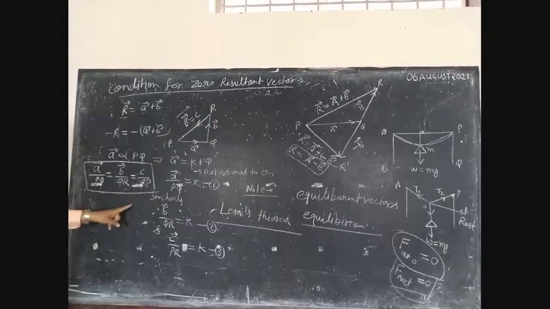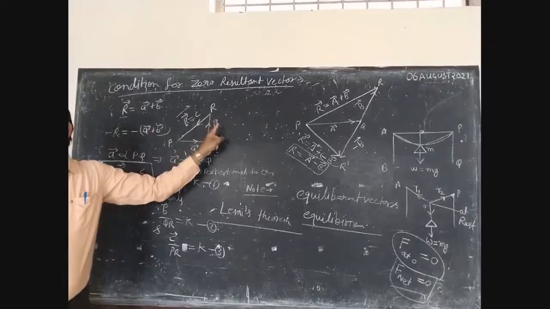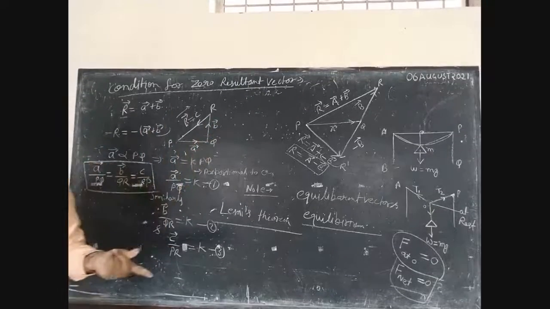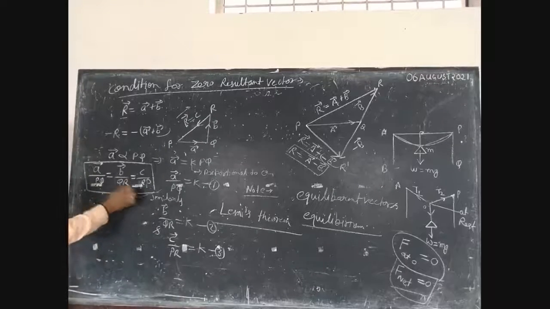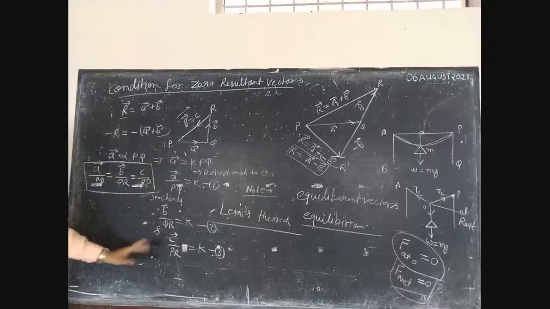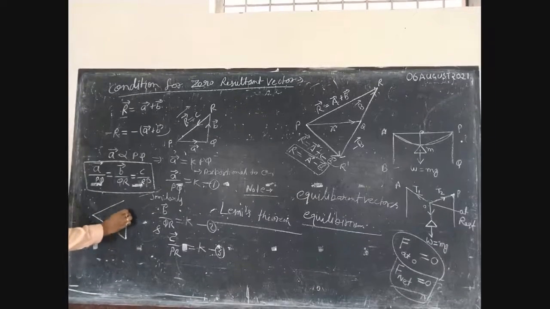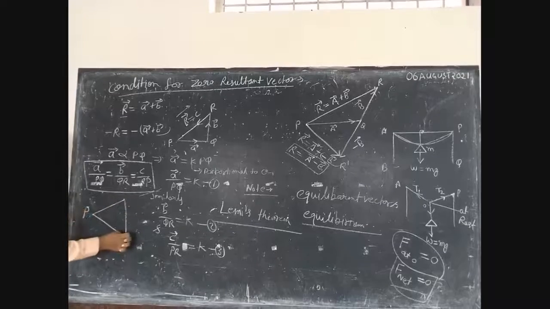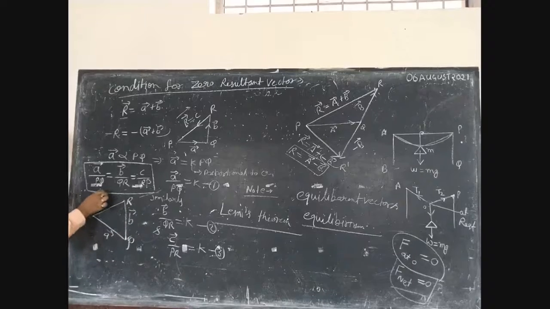This is the condition of zero resultant. And if we take here P to R, then we get the result. So form this by this equation.